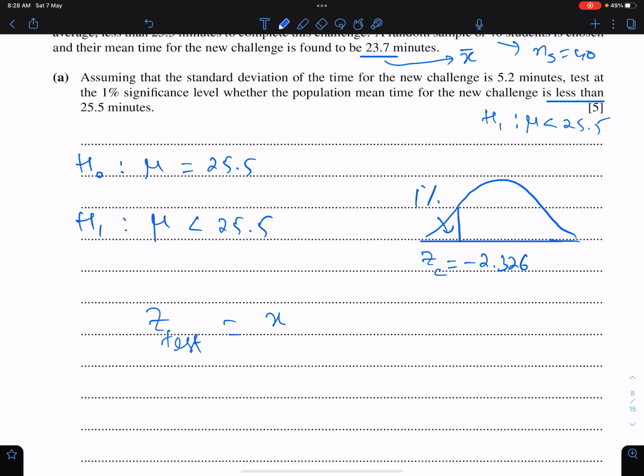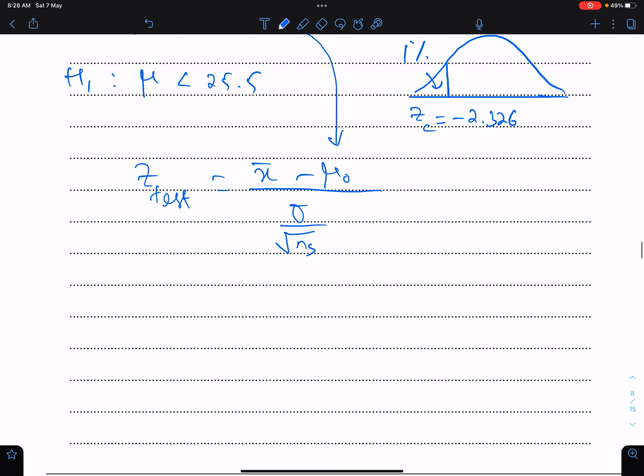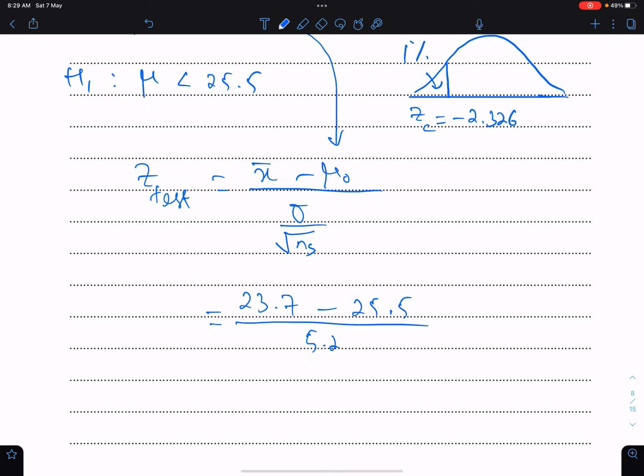Z test is X bar minus mu naught, the value of H naught, over sigma over root n. So X bar is 23.7, mu naught is 25.5, sigma is 5.2 over square root of 40.